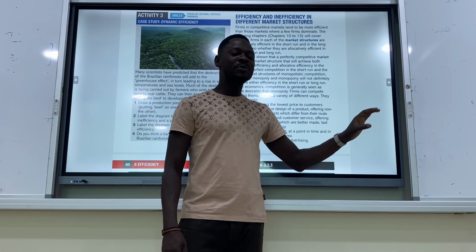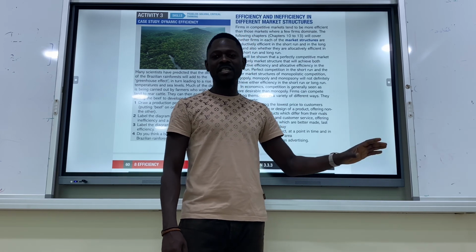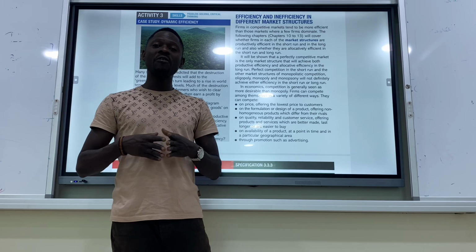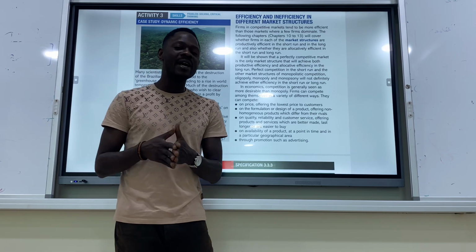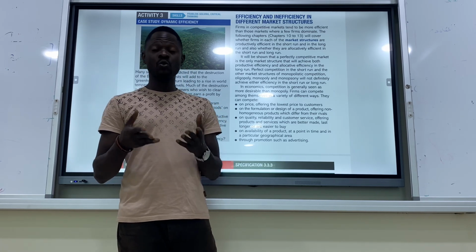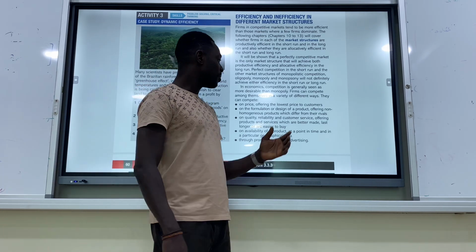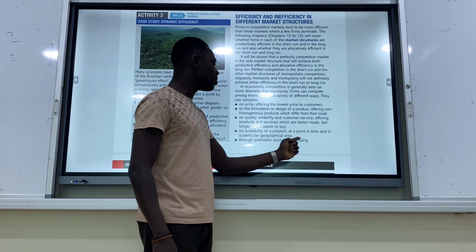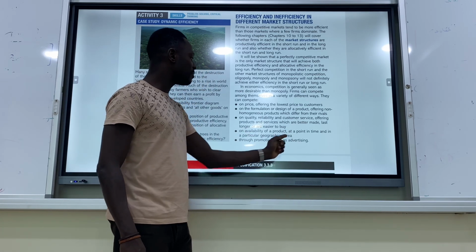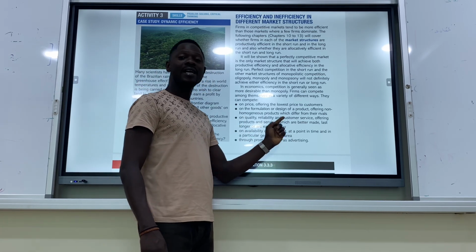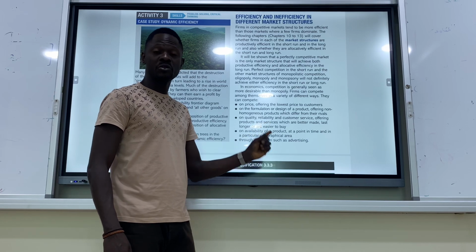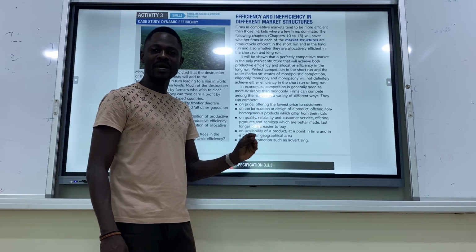Consumers must be able to get this product or service at their own convenience, because that means they are able to maximize satisfaction, and that is one of the reasons why consumers are buying, to derive utility. So there's always a motive for firms to produce goods and provide services at consumers' convenience.